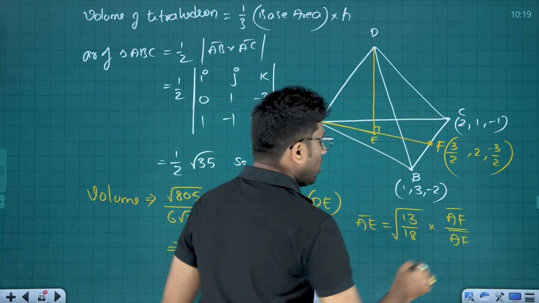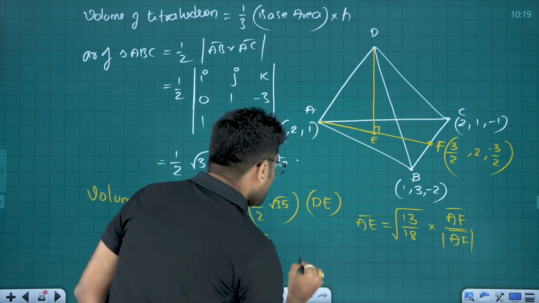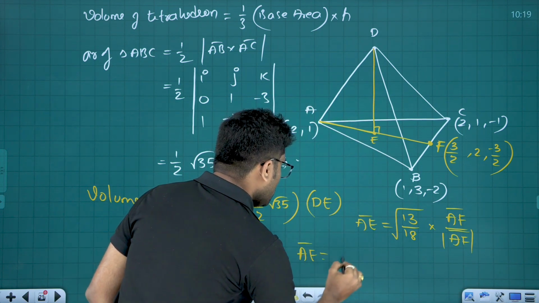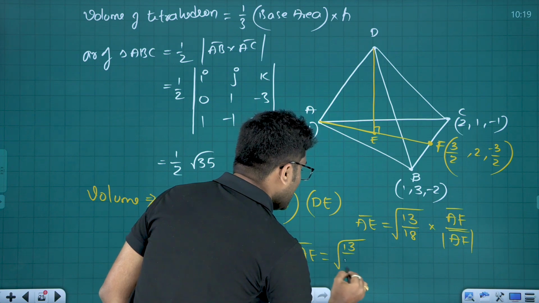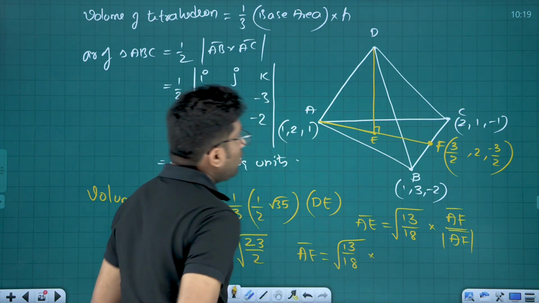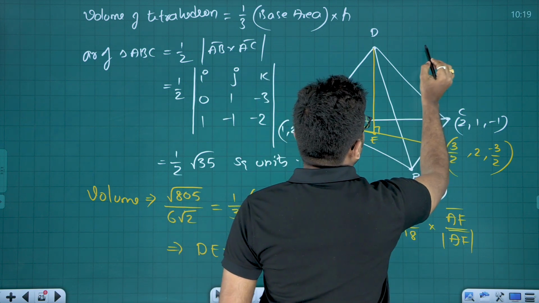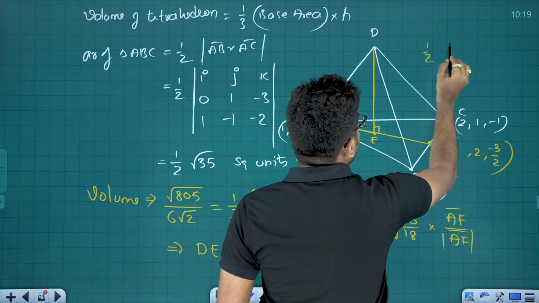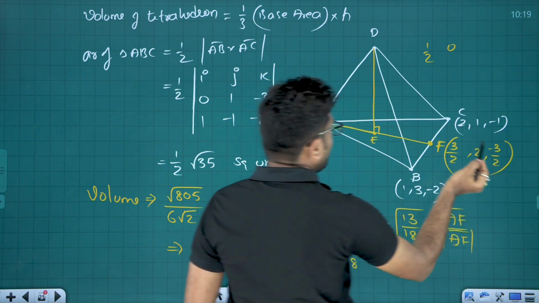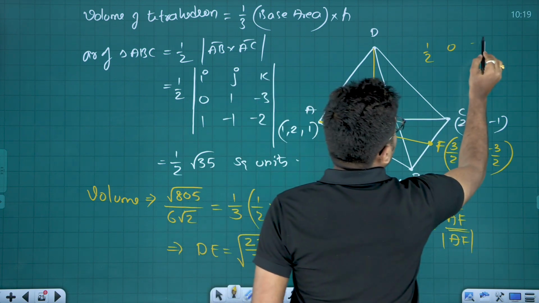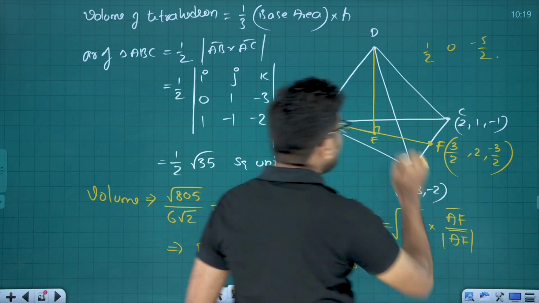AF bar is (3/2 - 1), (2 - 2), (-3/2 - 1), which is 1/2, 0, -5/2.